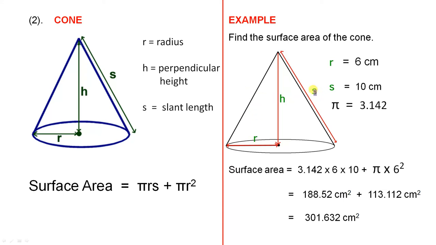But in this particular case, I have given it to you. So the surface area will be pi r s, that's that part, plus pi r squared, which is that part. That part there works out to that answer. This part works out to that answer. And that gives us this answer for the surface area of the cone.